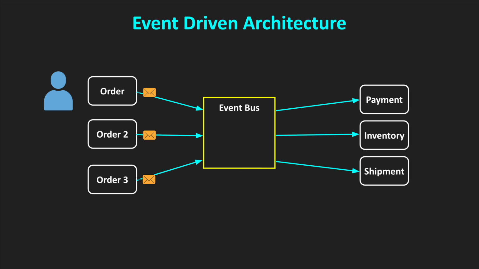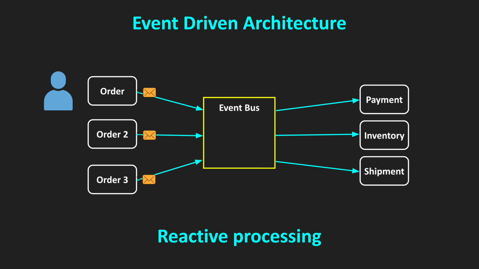We can have multiple producers and multiple consumers. For example, let's say we have three order systems publishing to the event bus, and on the consumer side we have three consumers consuming those orders. So this is event-driven architecture.